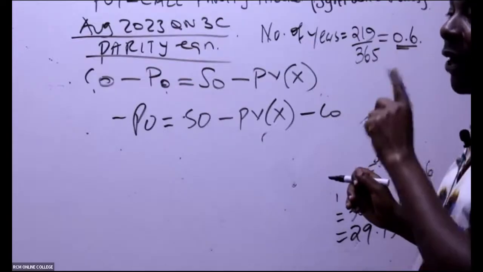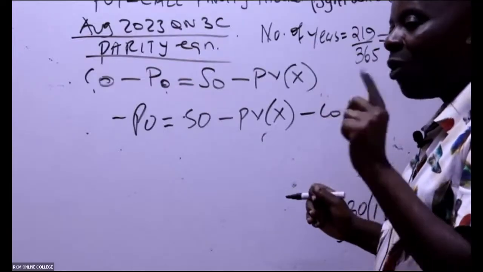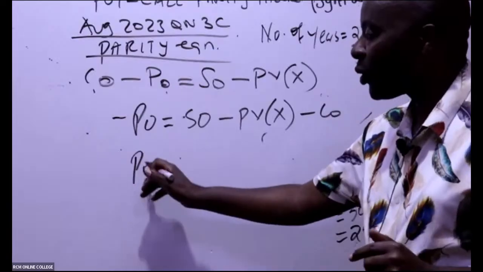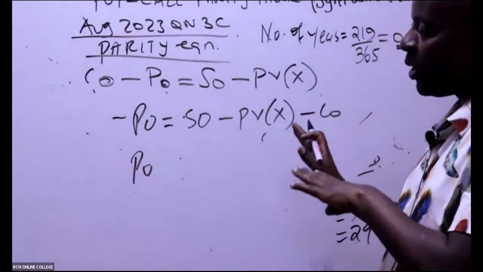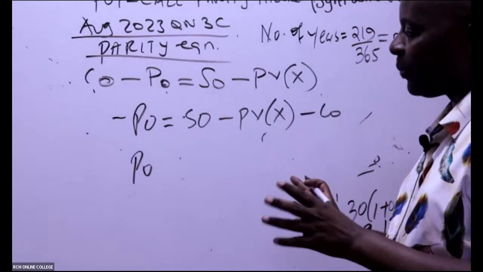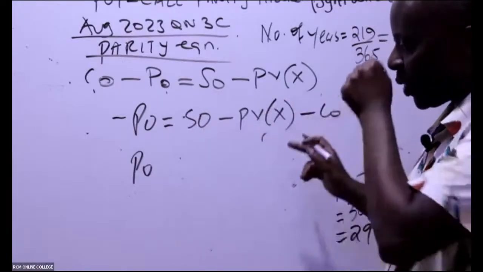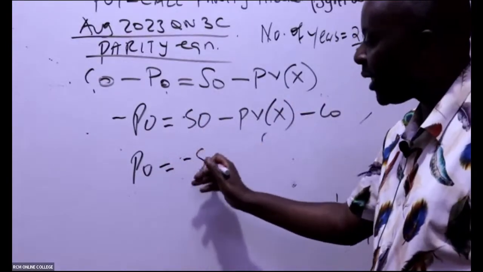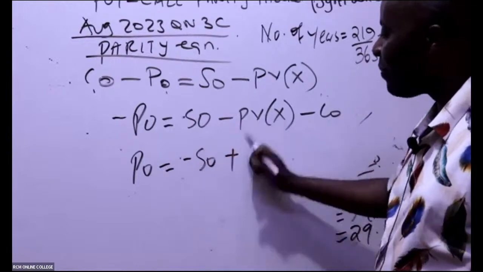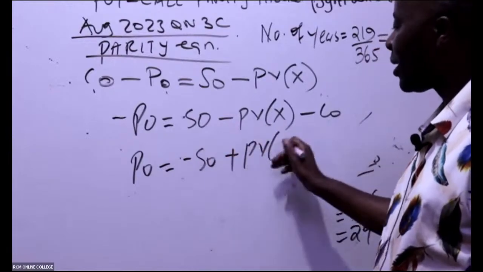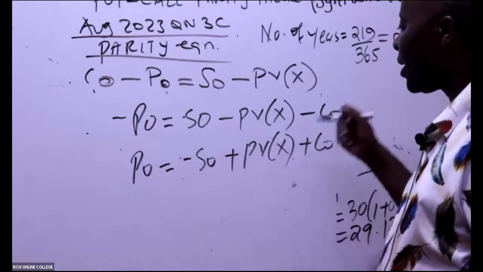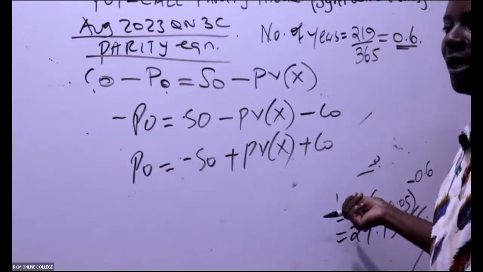But I don't want a minus PO, I only want positive PO. So all the terms here, we have to change their signs. You divide by minus 1. So this one here will be minus SO, this will be plus PV X, and this one here will be plus CO.